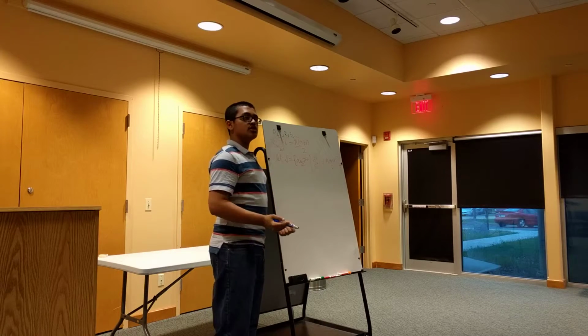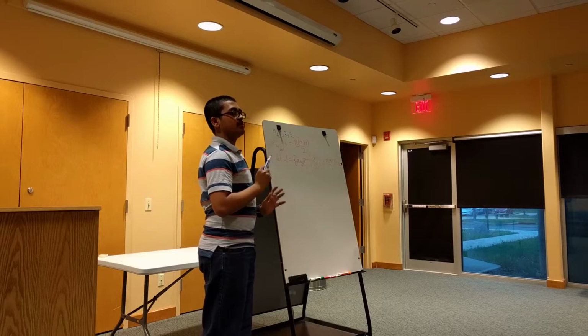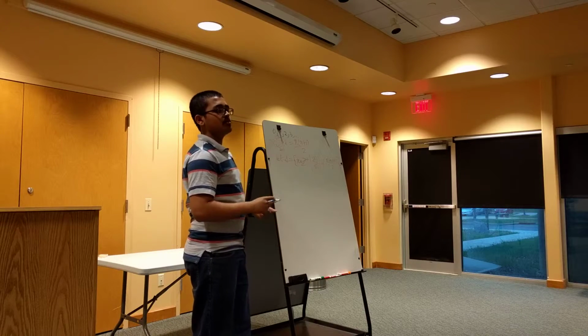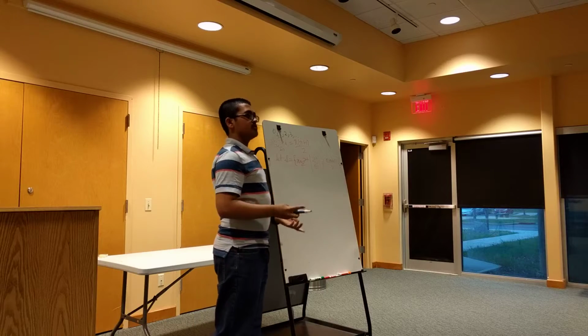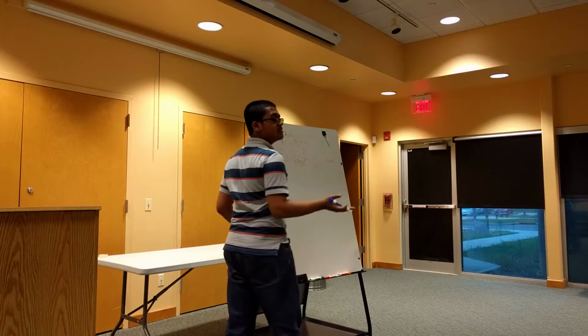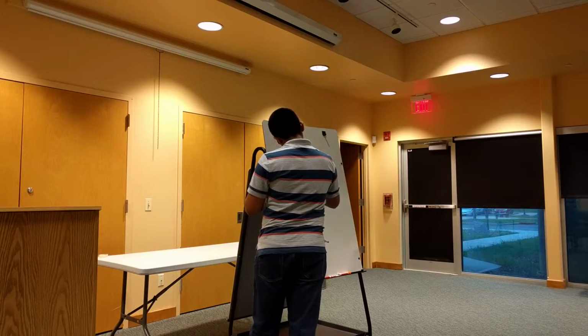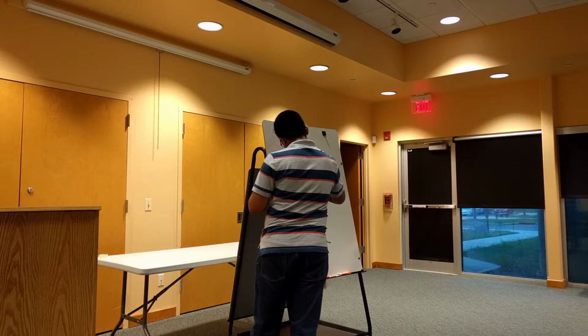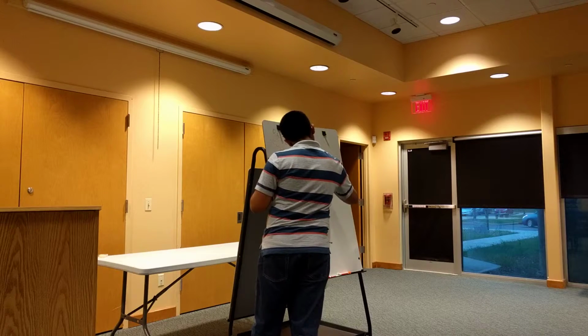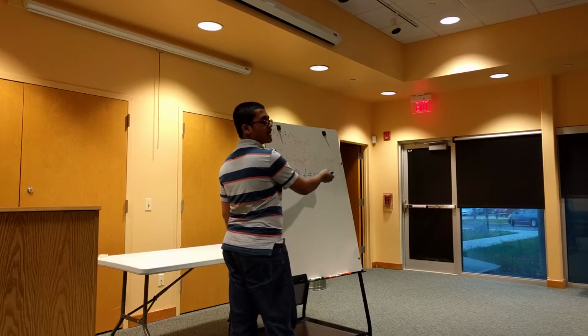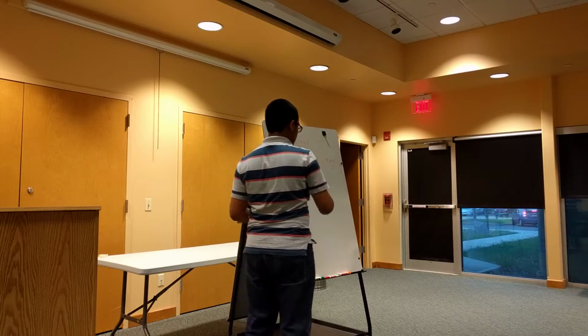We want to do it by contradiction, so we're going to assume that this set is not empty and then show that this is impossible because of the well-ordered principle. So how are we going to do this? Let us assume S is not empty, or S is not a null set.